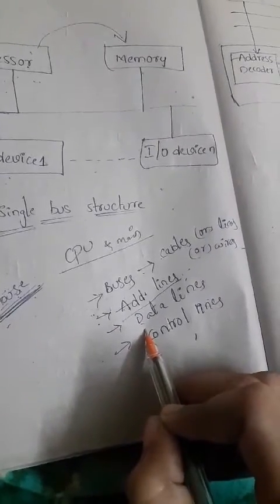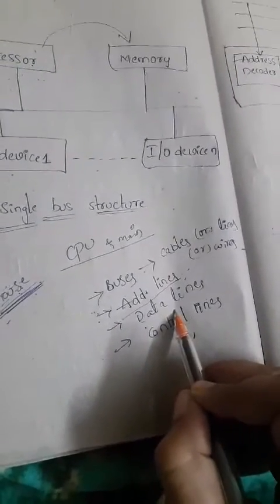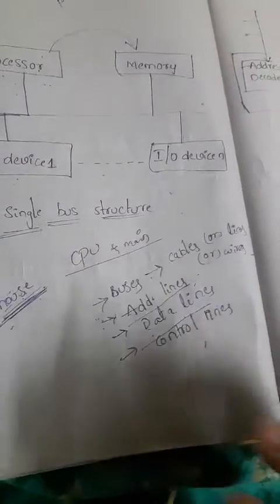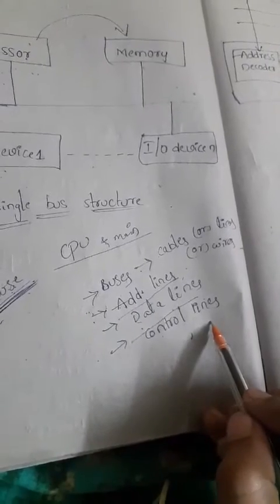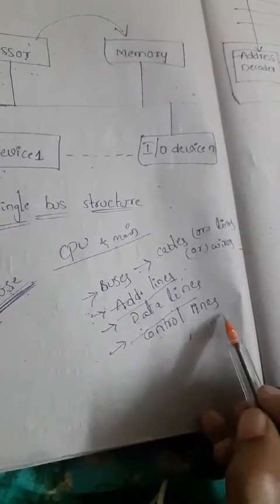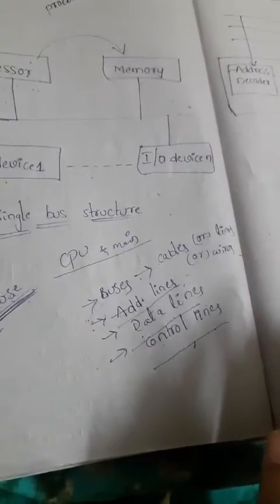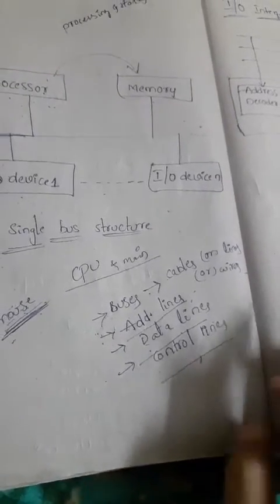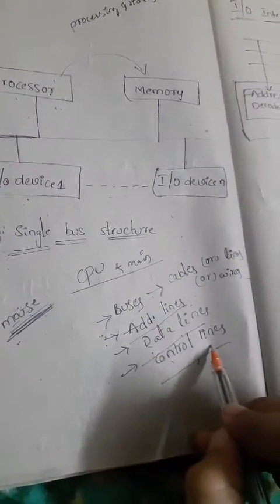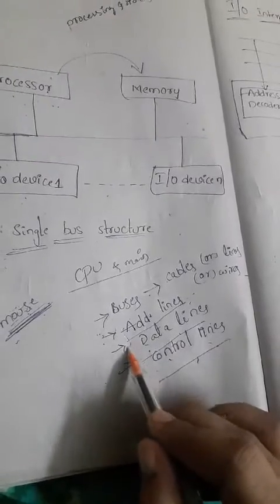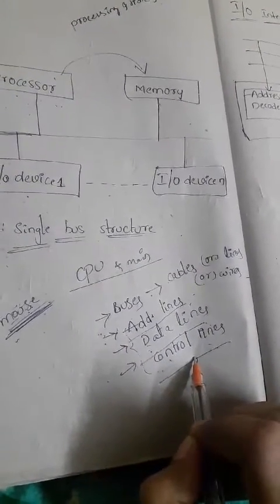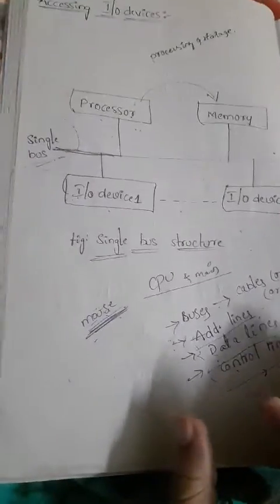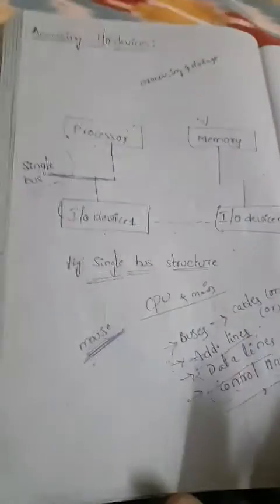By using data lines, it will store the data. And control lines are mainly responsible for controlling all the activities of the bus. So these are the functions of the address lines, data lines and control lines. This is the general explanation about the bus.